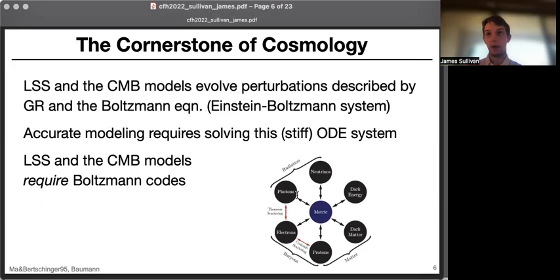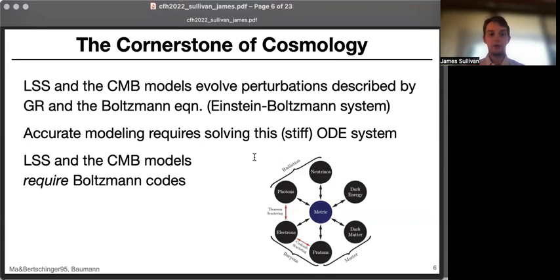And this kind of gets at why we need numerical solvers for this system, because the timescale associated with the gravitational evolution is very long, orders of magnitude longer than the short timescale associated with the Thomson scattering between photons and electrons, for example, in the standard picture for the coupling between both photons and baryons. And accurately solving this stiff ODE system requires a numerical solution.